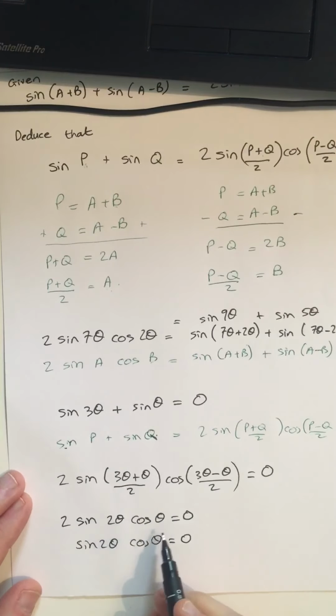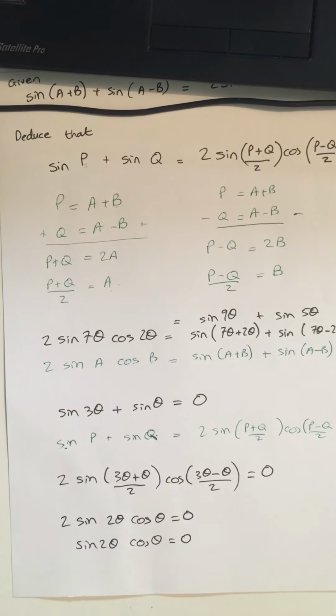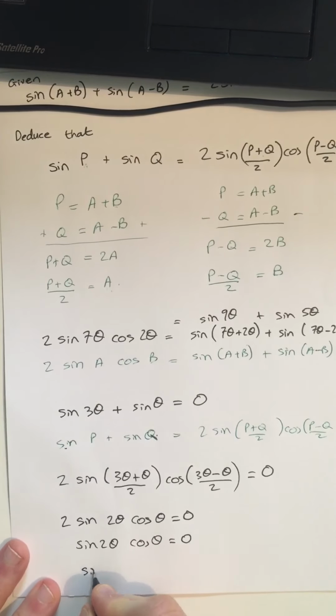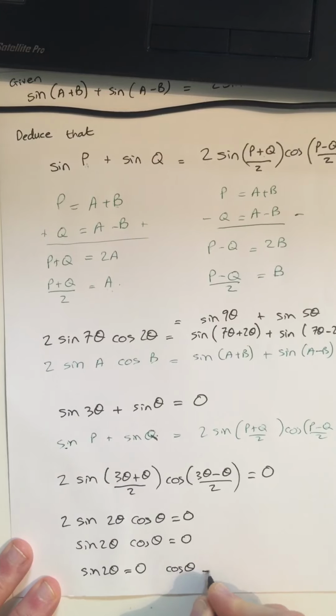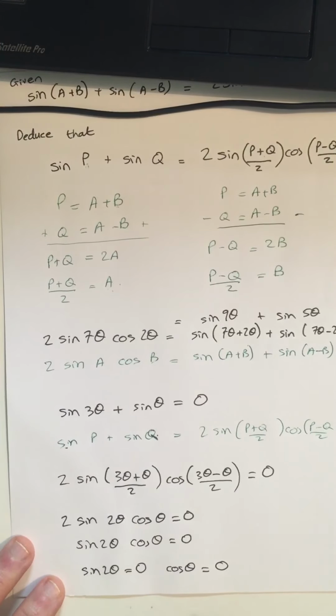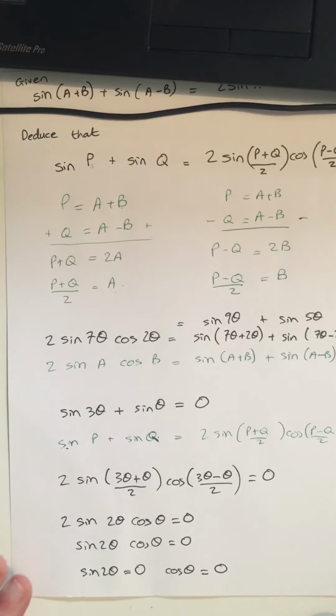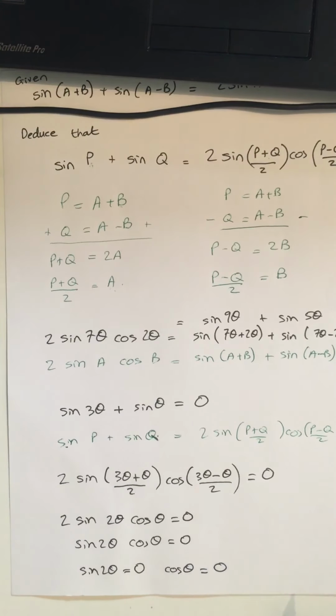Here I've got the product of two trigonometric functions, so if it equals 0, either one of these could be 0. So sine 2 theta could equal 0, or cos theta could equal 0. I can now solve these two equations separately, just like we would have done in year 12. So that was part D of that question.